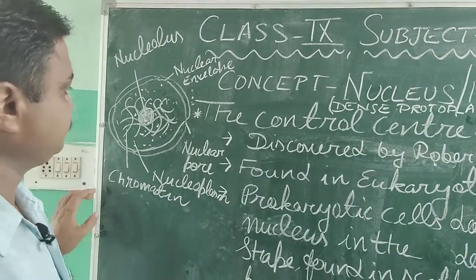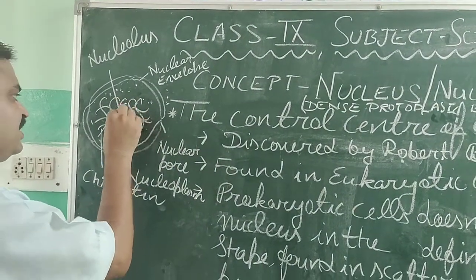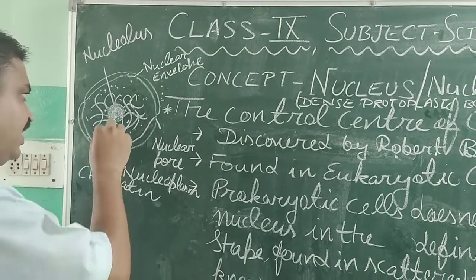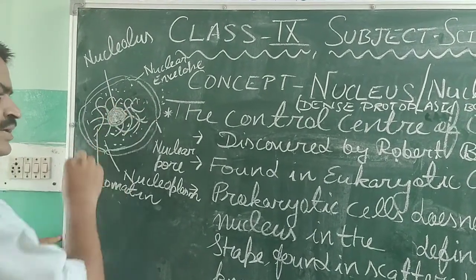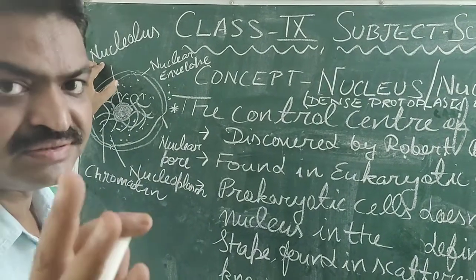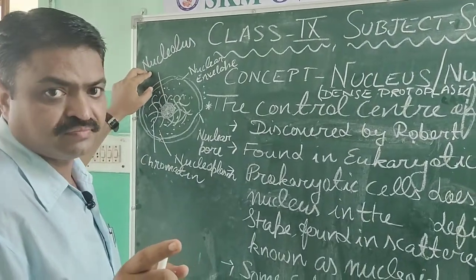means nucleus has a fluid-like substance that is known as nucleoplasm, students. After that, one dense particle is also found. That dense particle is known as nucleolus. What do we call that? It is nucleolus.